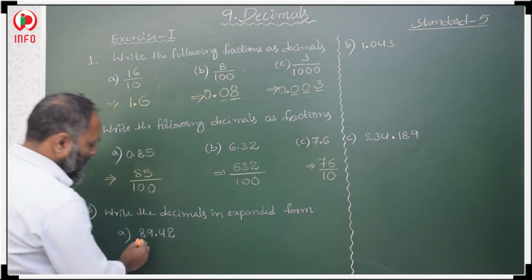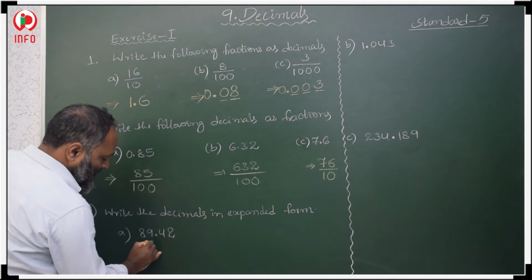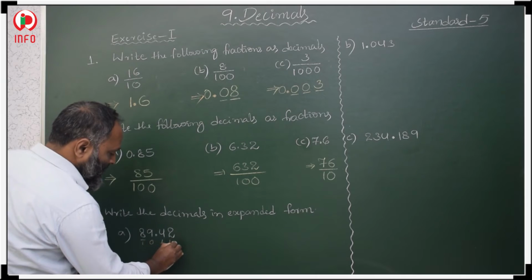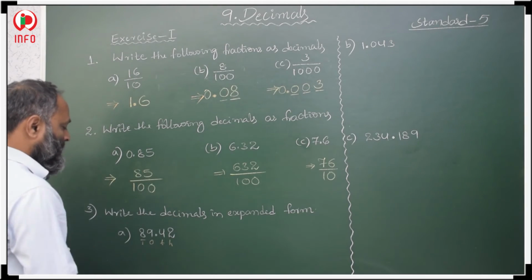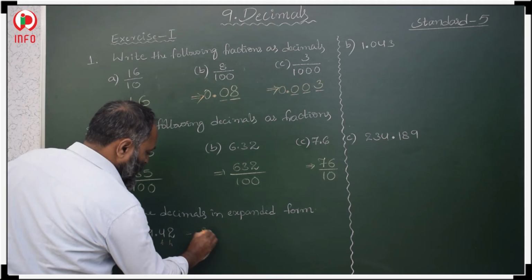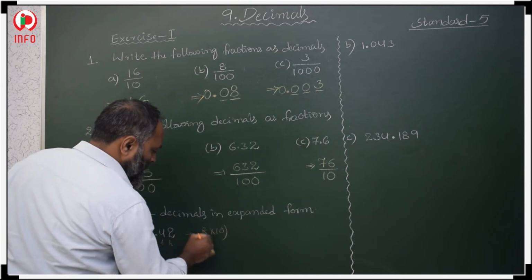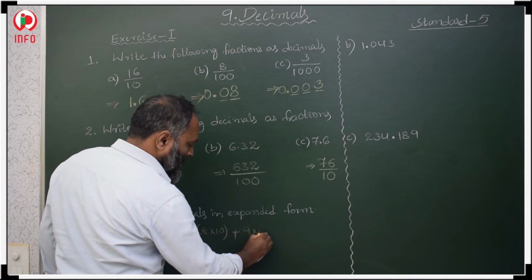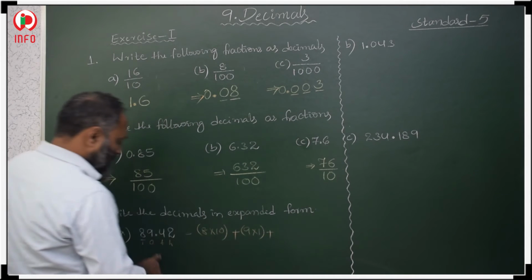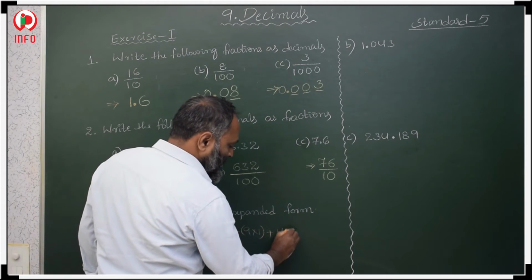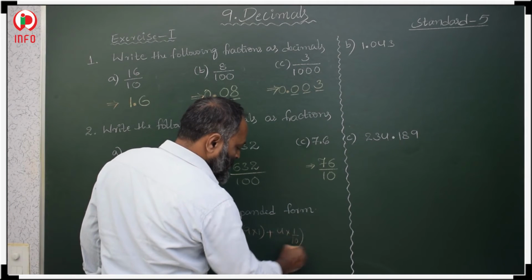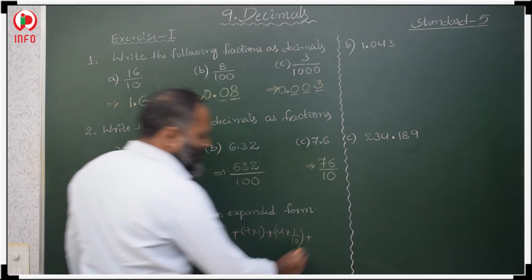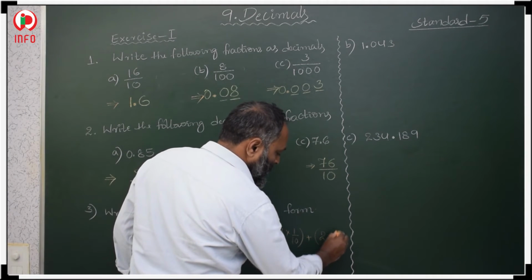See here: this is the ones place, this is the tens place, this is the tenths place, this is the hundredths place. 8 is in the tens place, 8 into 10, plus 9 is in the ones place, 9 into 1, plus 4 in the tenths place, 4 into 1 by 10, plus 2 in the hundredths place, 2 into 1 by 100.